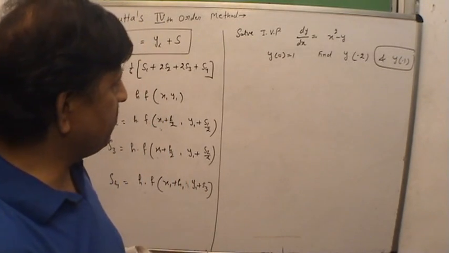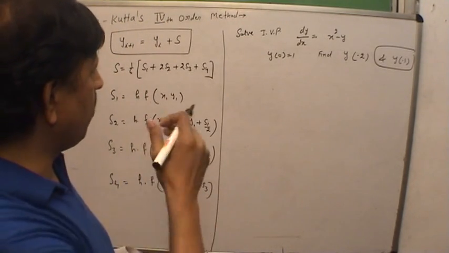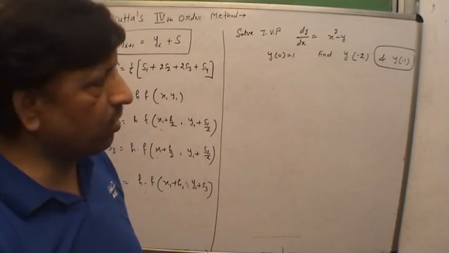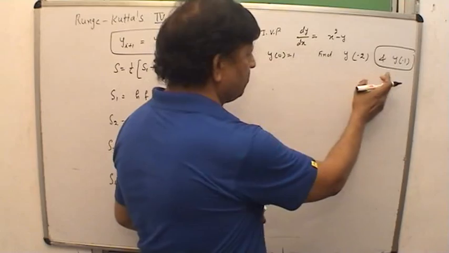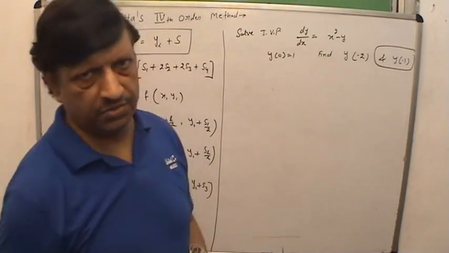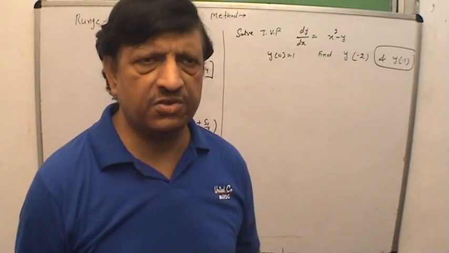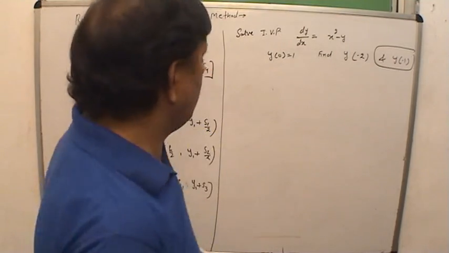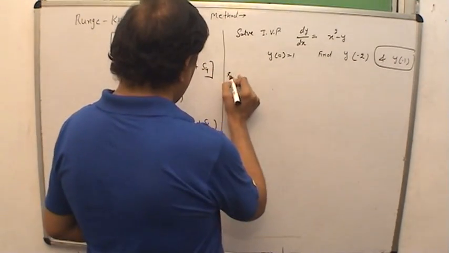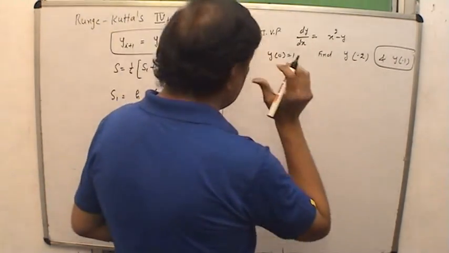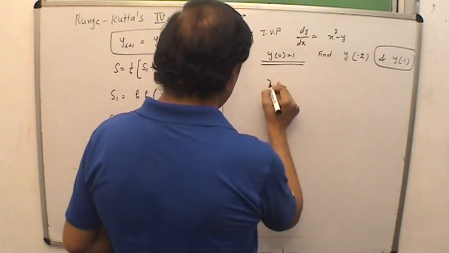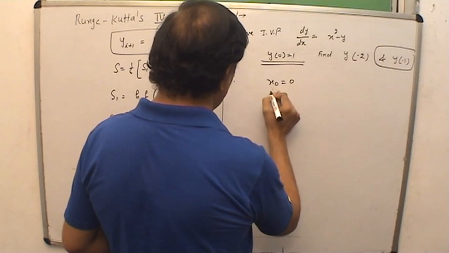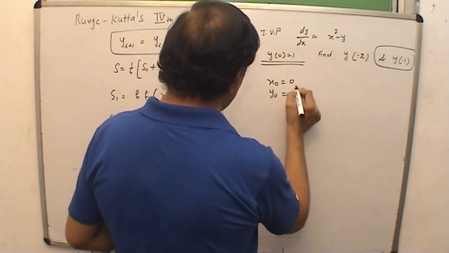As in the Euler's case, we followed the 3 steps; here only 1 step for this and 1 step for this. Here h is in hidden form. Again, let us start. Here are the initial values: x0 is equal to 0 and y0 is equal to 1.